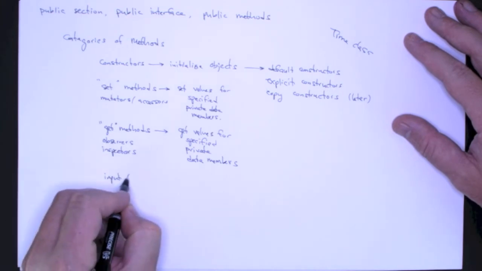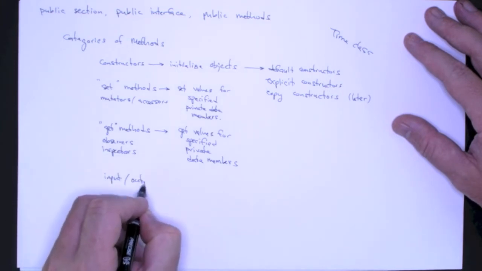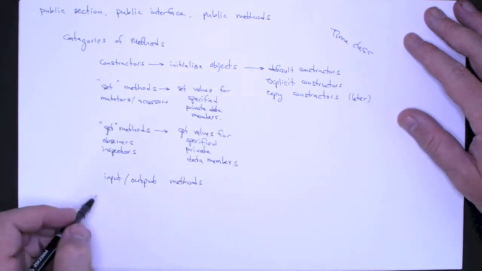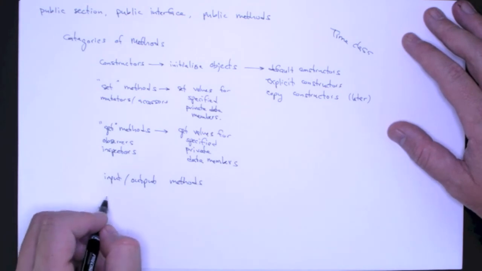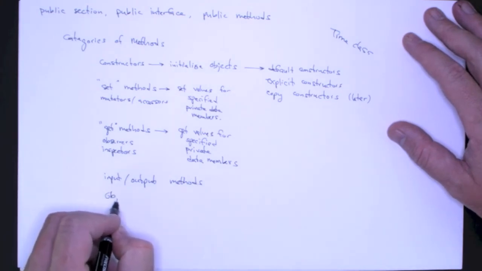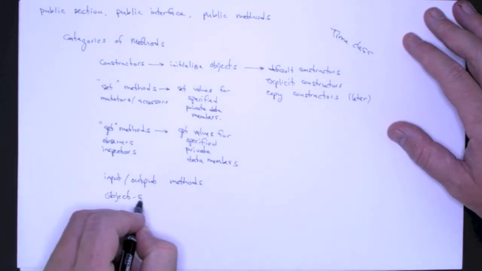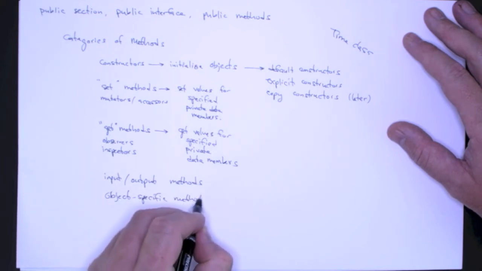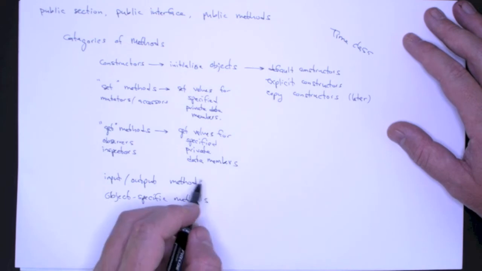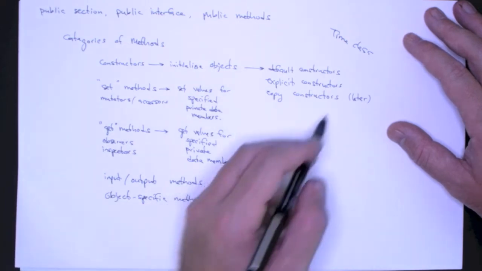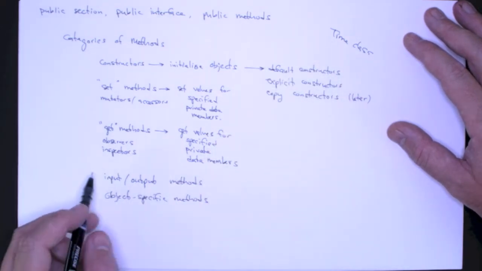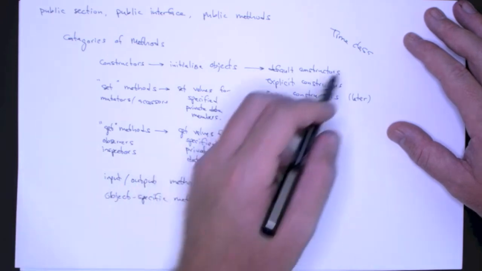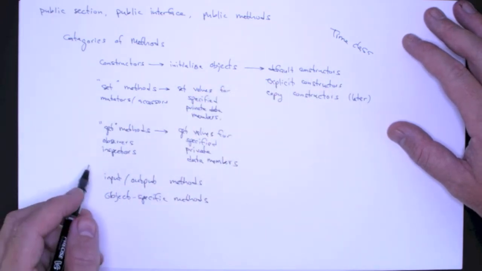Then we're going to need a variety of output and input methods. We'll talk more about that in just a minute. There might be object-specific methods. So there's something specific about the string class, something specific about the time class. And these will just be things that you implement based on what the class is.